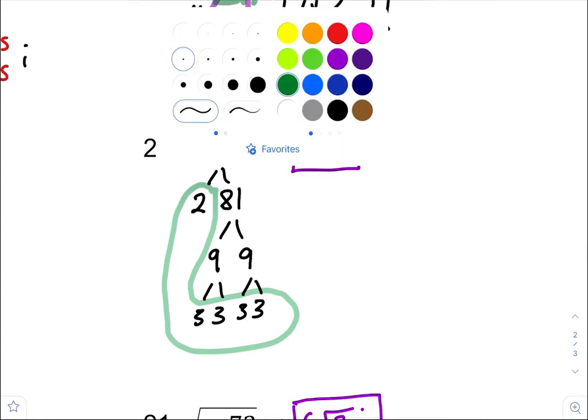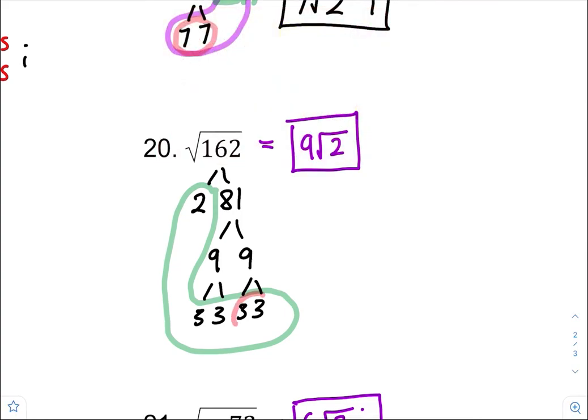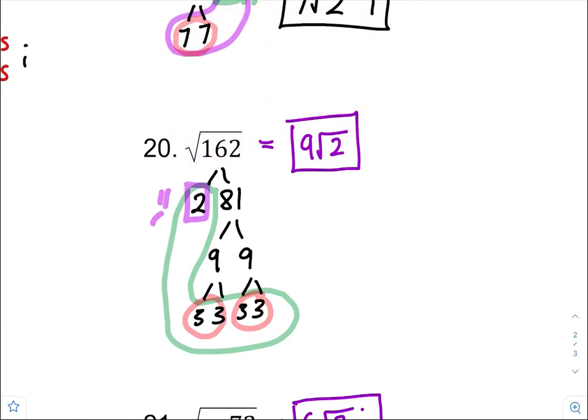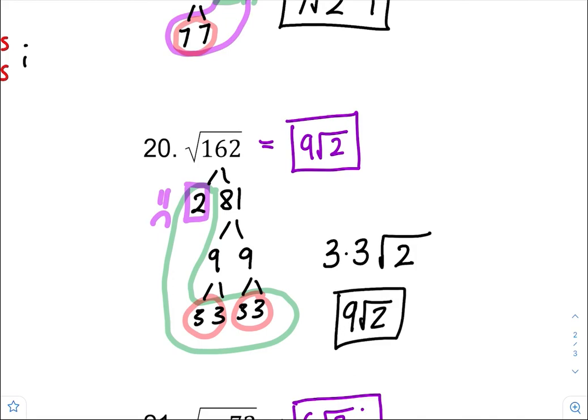So from these prime numbers, which ones are pairs? Pairs of 3s, and a leftover of a 2. One pair of 3s comes on the outside of the square root, and the other pair of 3s comes on the outside of the square root. On the inside of the square root, you have the leftover 2. 3 times 3 is 9, square root 2.